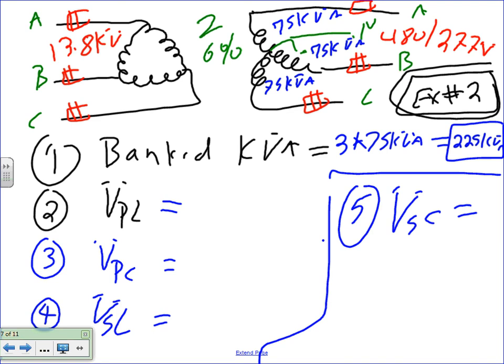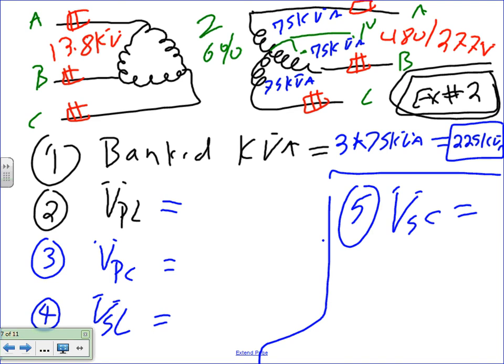That's how much kVA, 3-phase wise, that you have in your system. So basically you can throw these 3 transformers out the window and buy yourself a 3-phase transformer equivalent to 2,250 kVA, and the calculation will continue to be the same. Cool? We banked them.